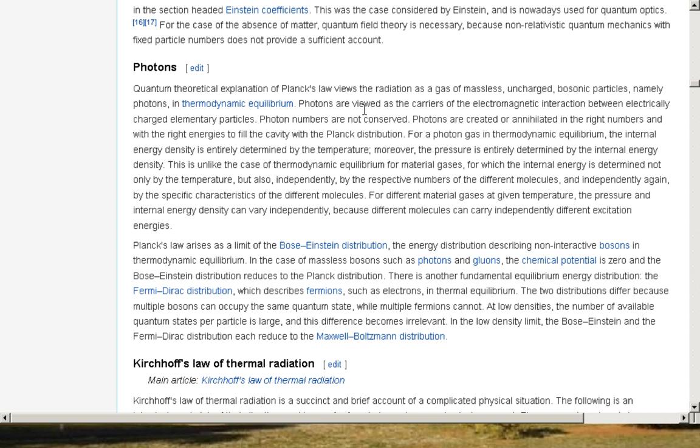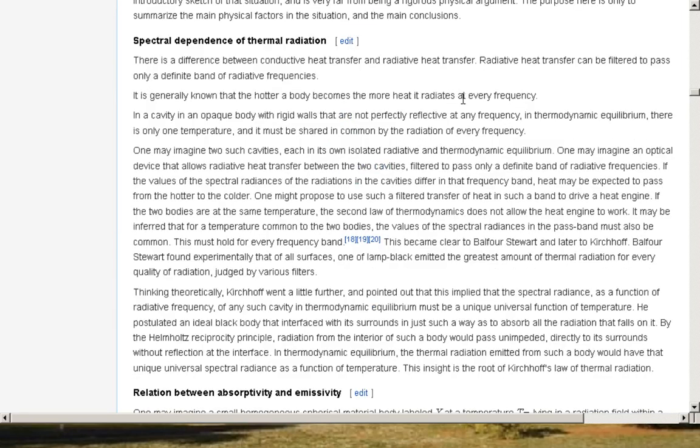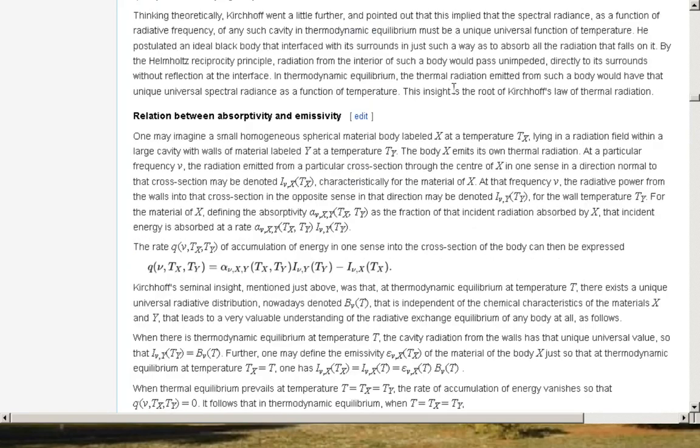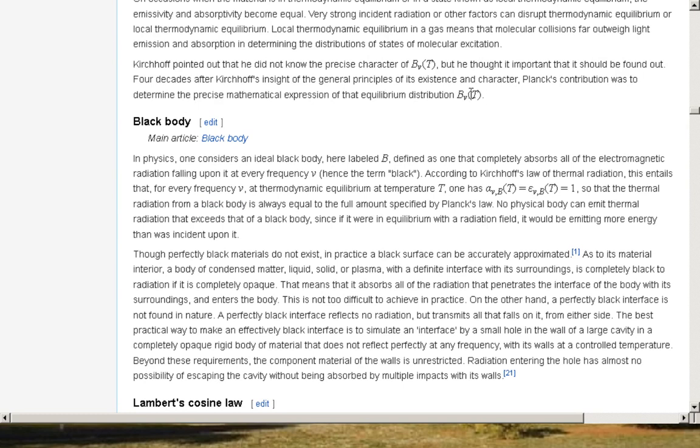Photons. Radiative heat transfer can be filtered. Black body.